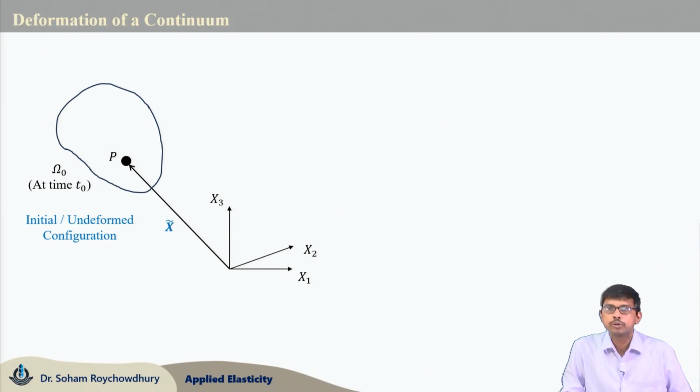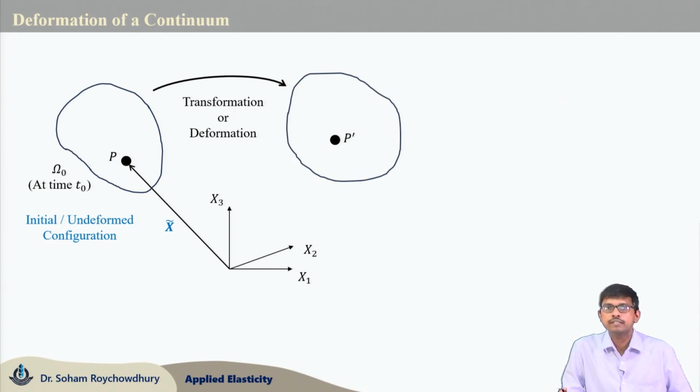Now upon loading, when this body is subjected to various external forces along with the boundary condition, this body will deform. It will move from initial configuration to the deformed configuration as we are going from time t naught to any specific time t. So that transformation and deformation results in the deformed body where point P has moved to another point P prime.